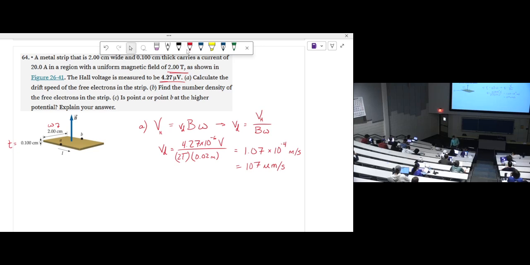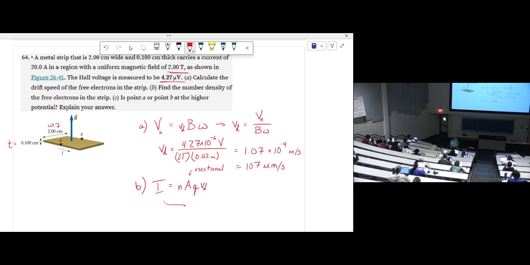Okay, part B, find the number density of free electrons in the strip. It turns out that this comes from last unit. What we said last unit is that net current I is equal to charge number density times cross-sectional area, times the charge of an individual carrier times the drift velocity.